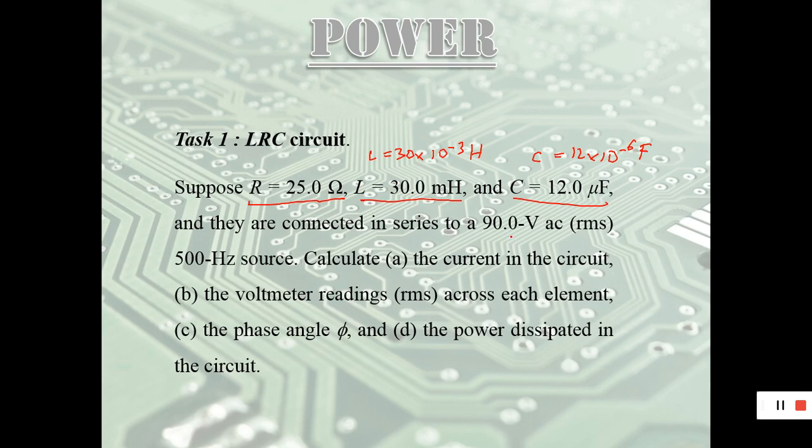This is the V_RMS, and this is the frequency, f. Calculate the current I. Calculate the V_RMS across each element. Calculate the phase angle. Lastly, the power dissipated.